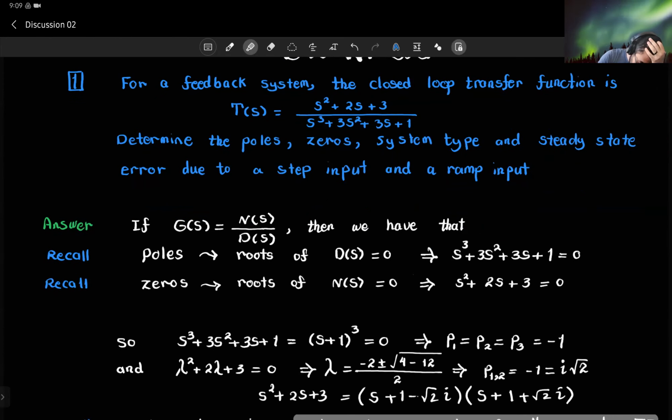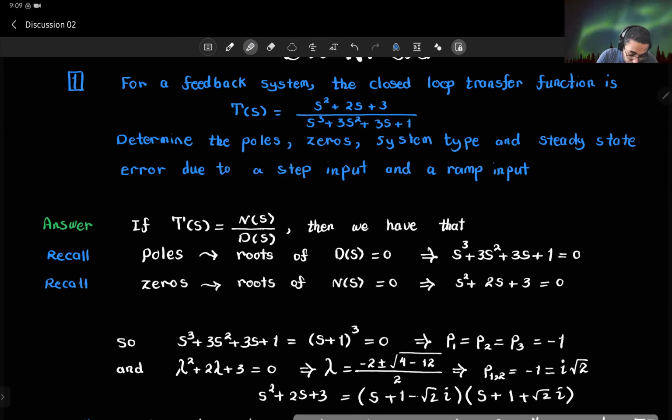First, we want to emphasize that if you have any transfer function T of s, this is the closed loop transfer function, we can write it as the ratio between two polynomials, the numerator polynomial N of s and the denominator polynomial D of s.